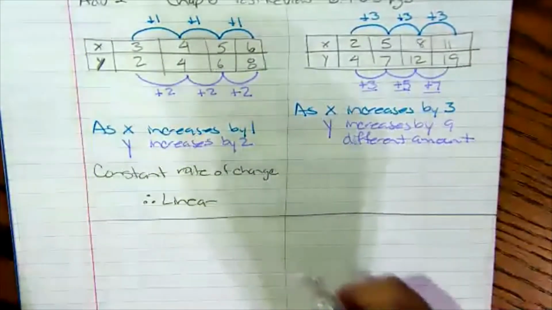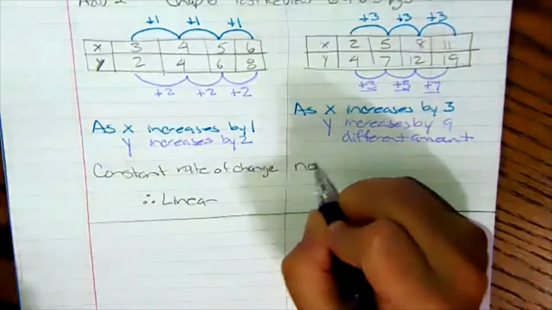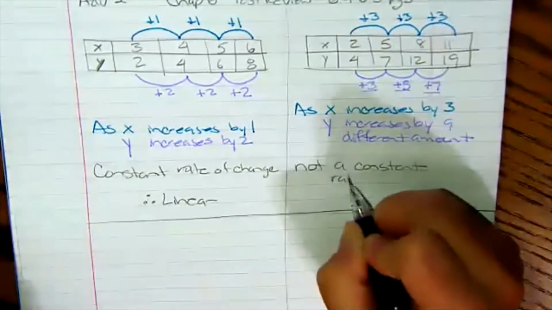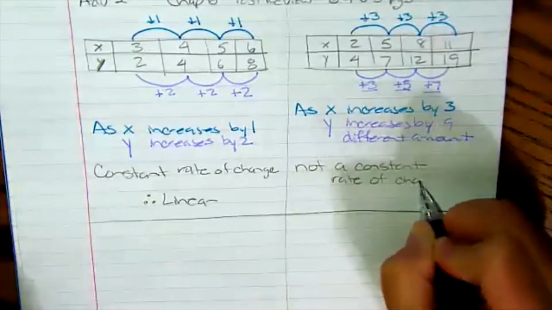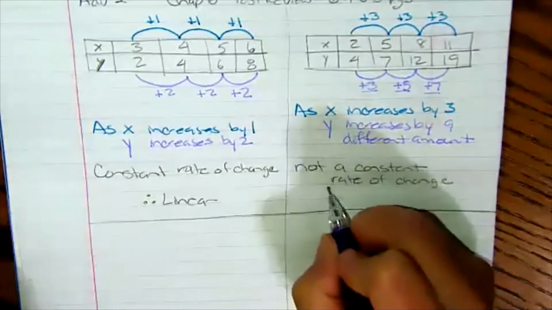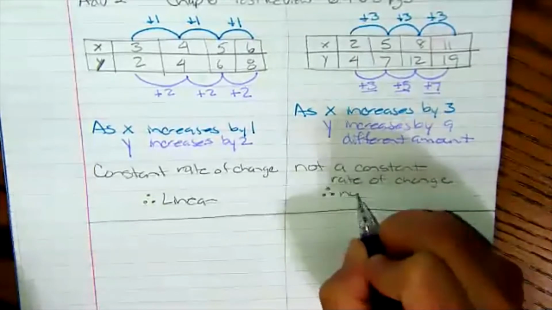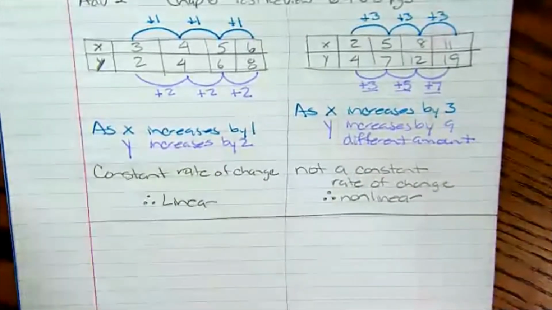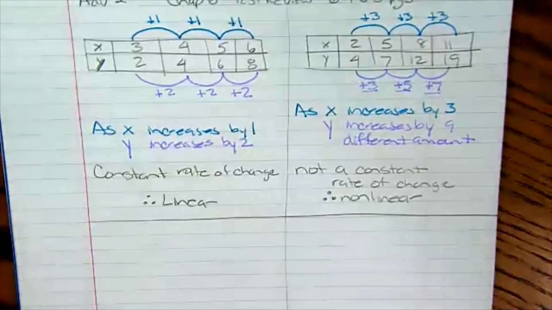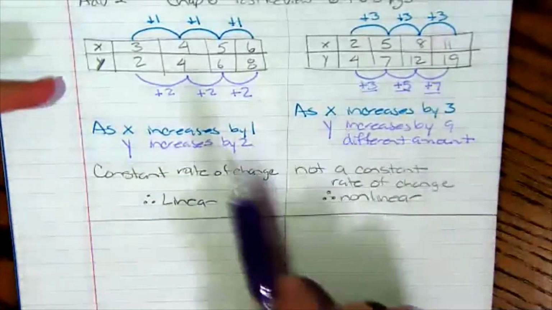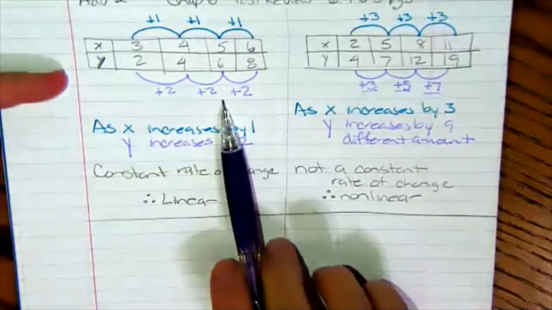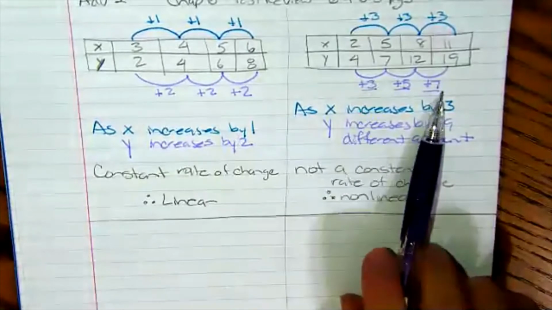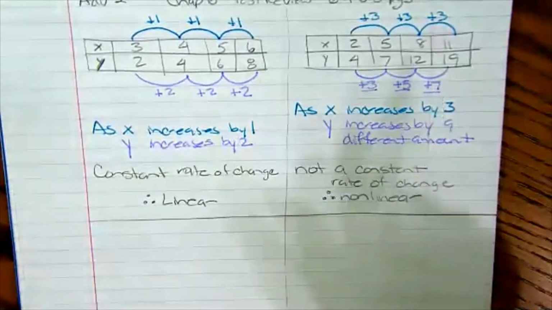Therefore, this is not a constant rate of change. So this represents a non-linear function. So this table represents a linear function. This table represents a non-linear function.